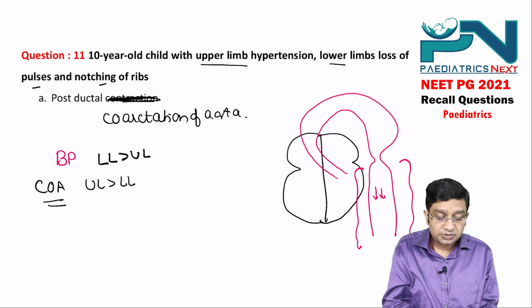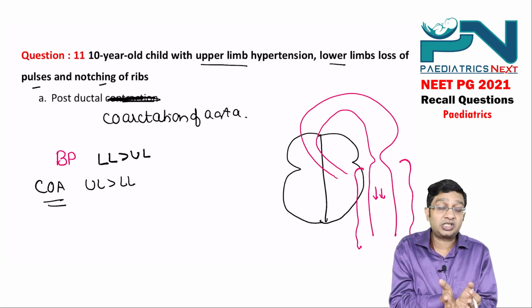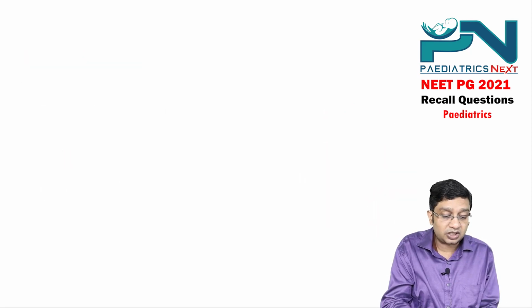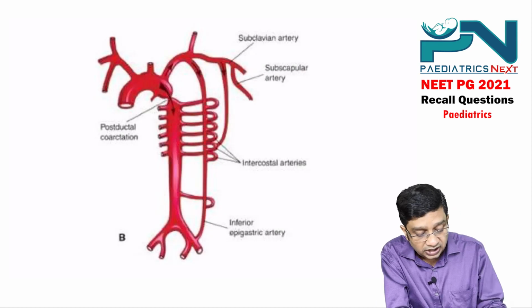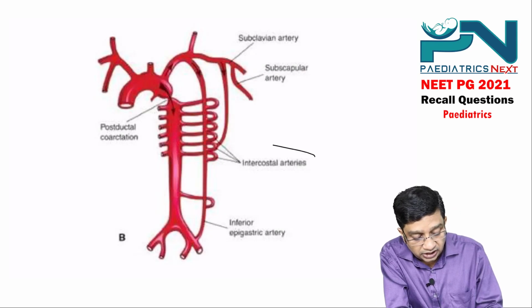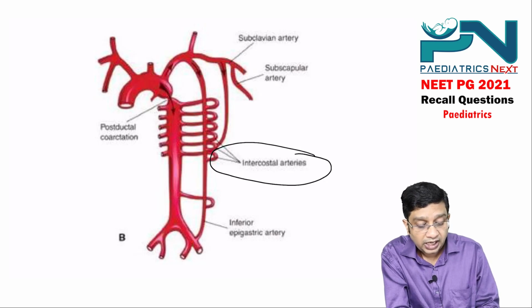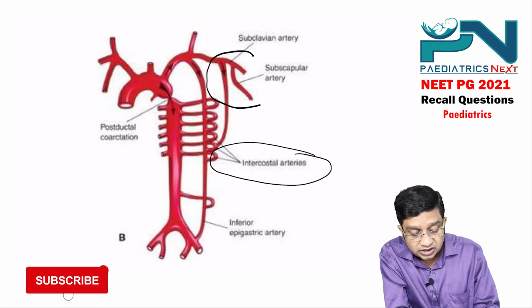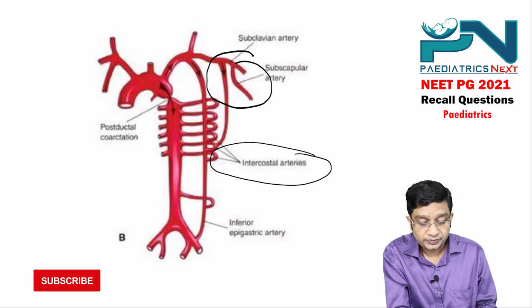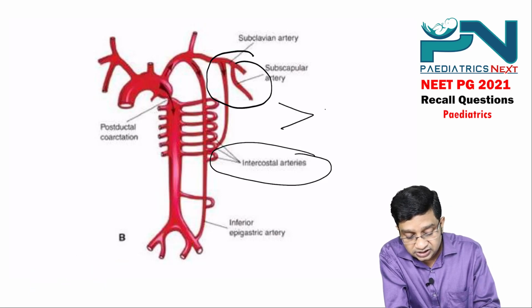Then notching of the ribs: because of this coarctation, some collateral circulation develops. There can be a collateral between the intercostal arteries and the scapular branches of the subclavian artery, and this particularly supplies the abdomen. So there are two collaterals.